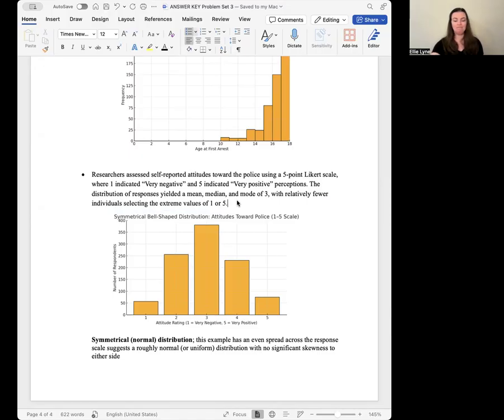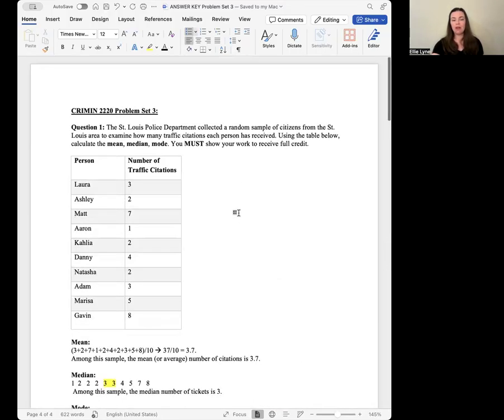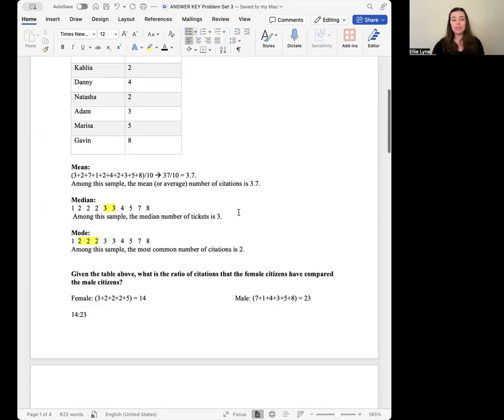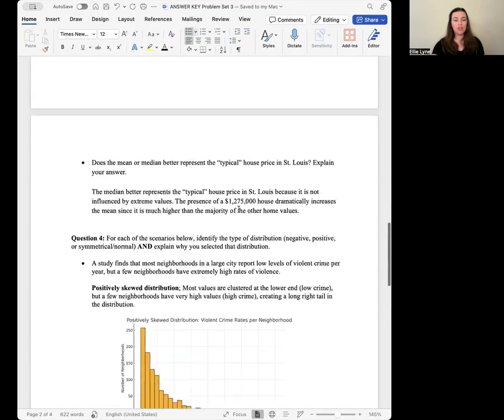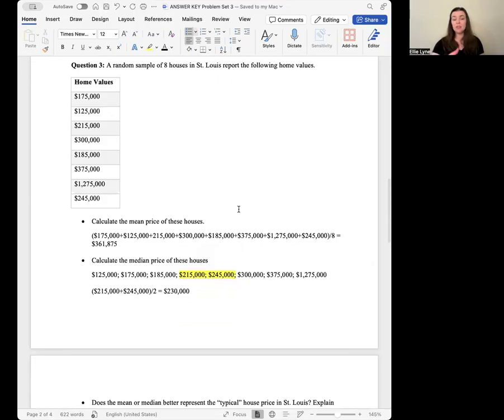If you have any questions about this particular problem set, I encourage you to reach out to me. This is something that is very applicable in your daily life when it comes to these measures of central tendency, of mean, median, and mode. One of the reasons I included this question about home values here is because this is a real life scenario that a lot of people run into.